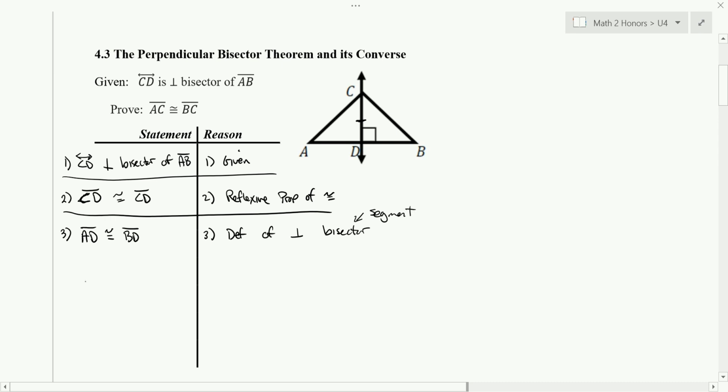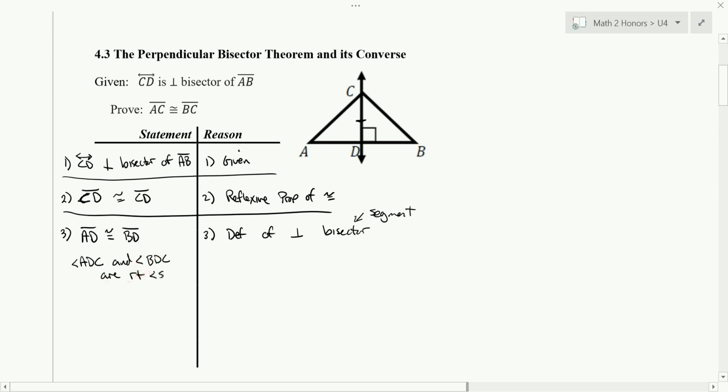What else do we need? Okay, angle ADC and angle BDC are right angles.